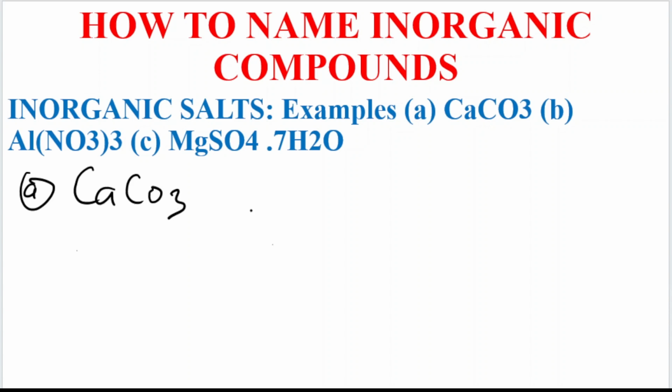For you to name a salt, you must find the charge of the central element. The central element here is carbon. Now we have to add all the charges in this compound for us to give it a proper name. The first, calcium, has a charge of +2. Of course, we don't need to write plus.